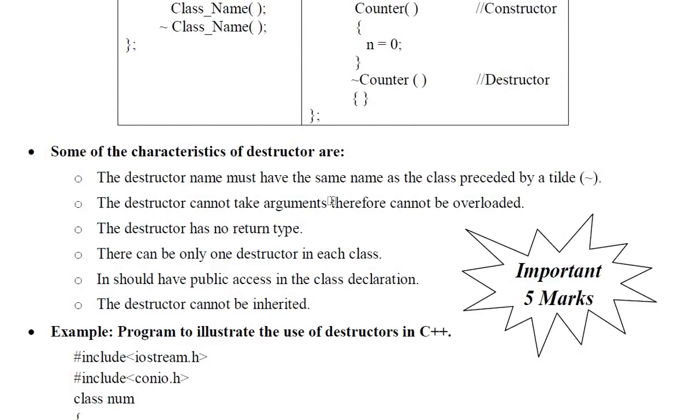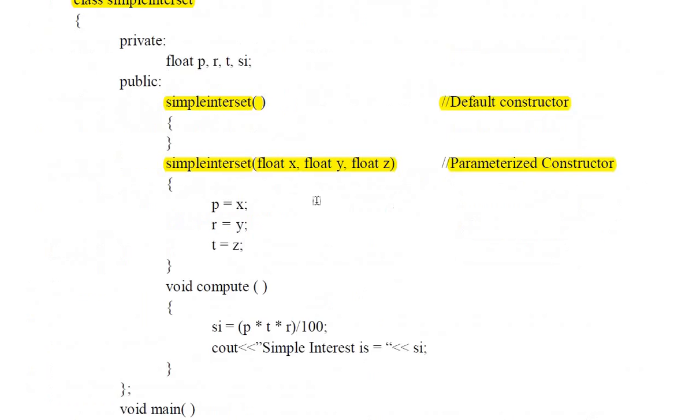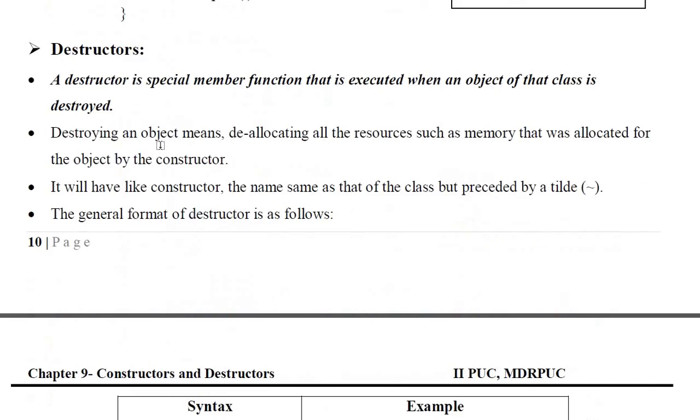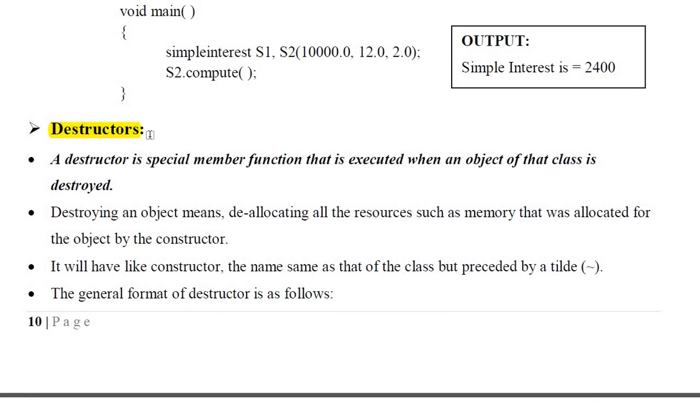Okay, then this is the last topic. Destructor. So a destructor is the opposite of a constructor. Destructor means destroy. So a destructor is a special member function that is executed when an object of that class is destroyed.